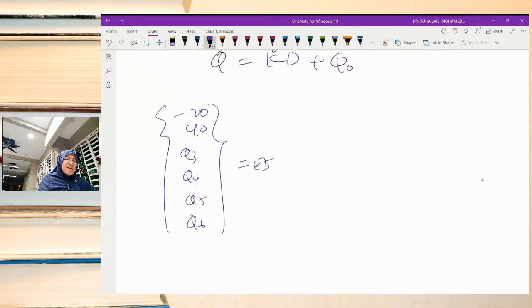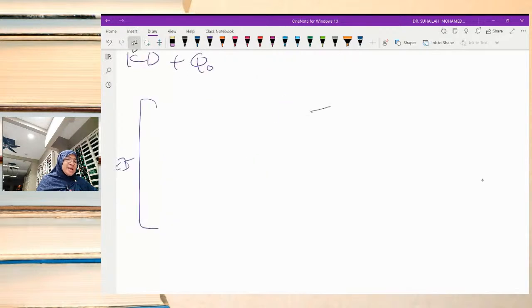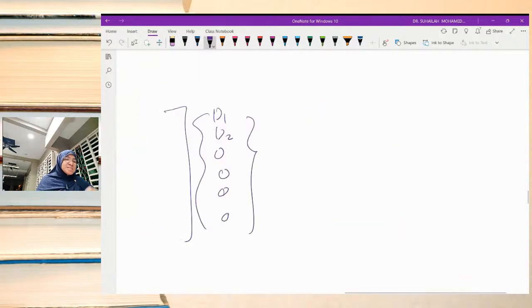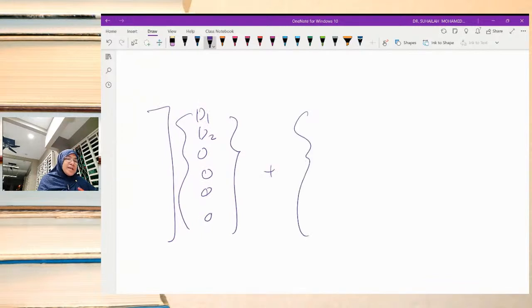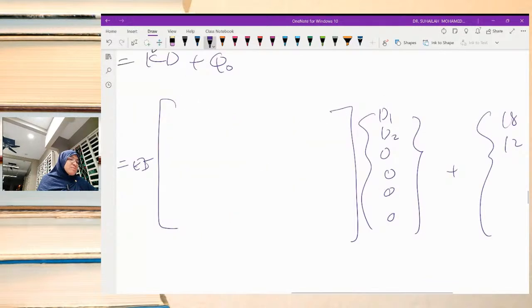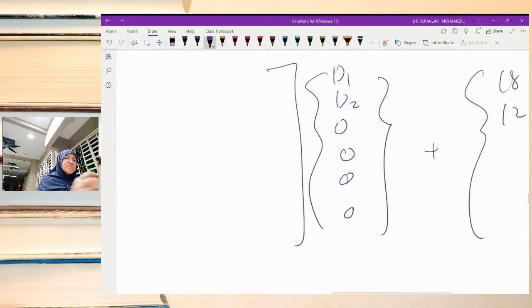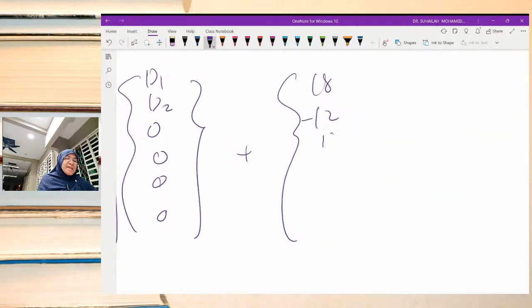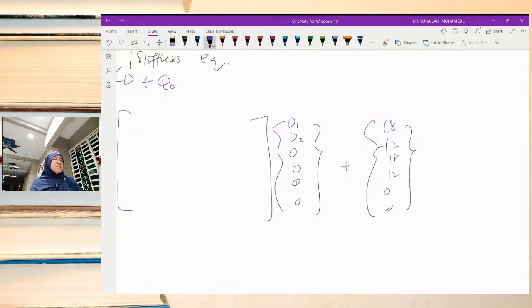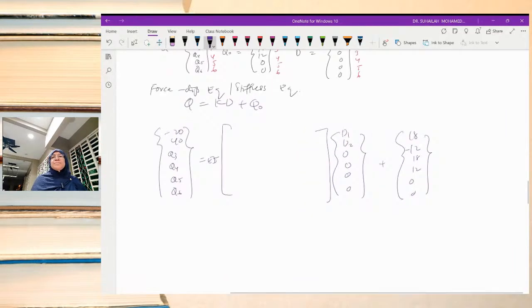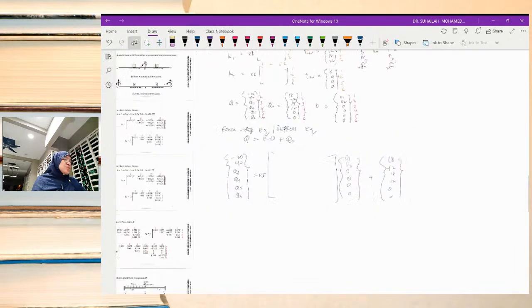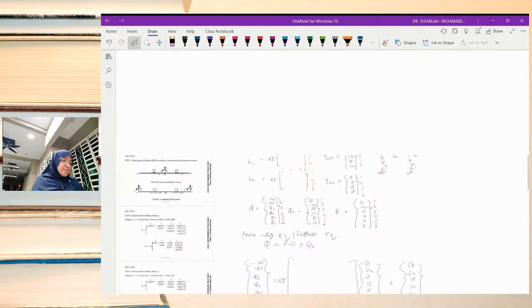K in terms of EI, so we calculate K, D1, D2, 0, 0, 0, 0, plus Q naught, 18, 12, negative 12, negative 12, 18, 12, 0, 0. So having this, we complete the stiffness equation and we use this equation to solve for the unknown displacement.